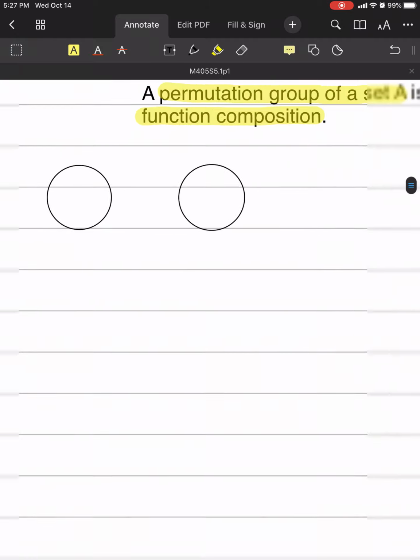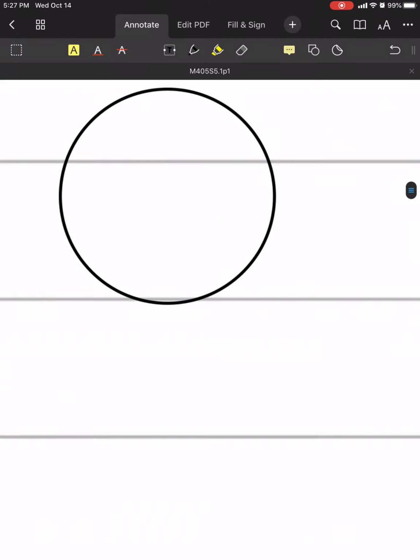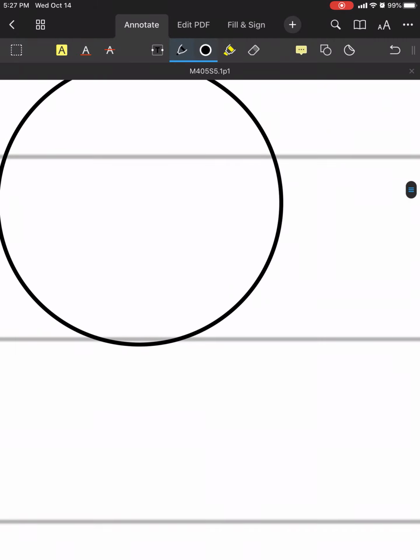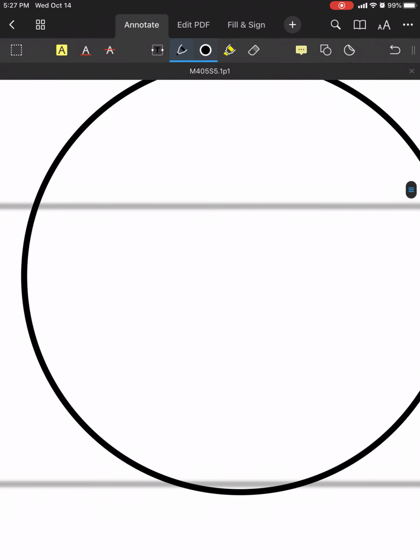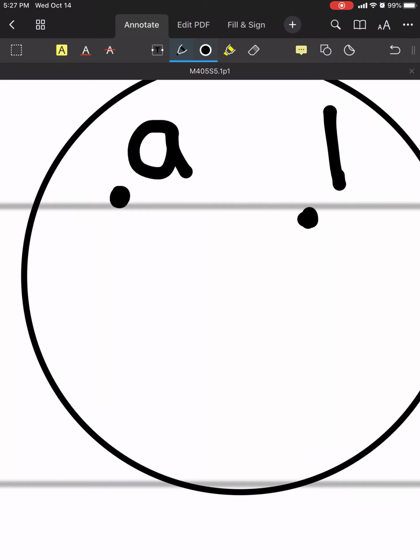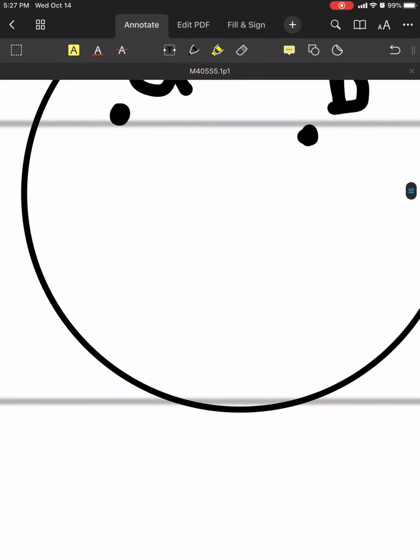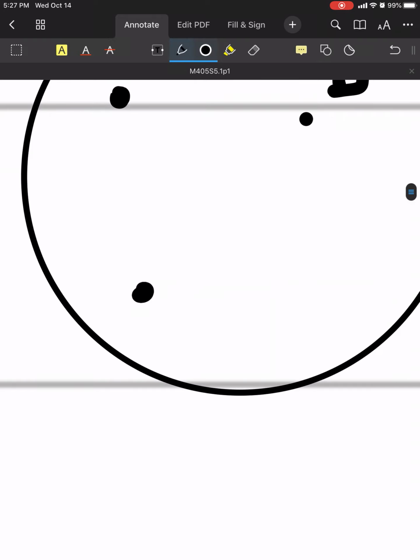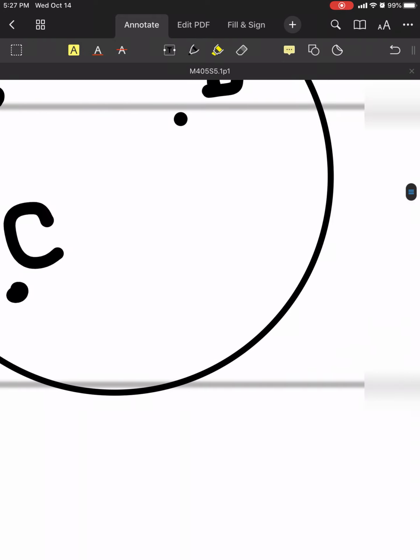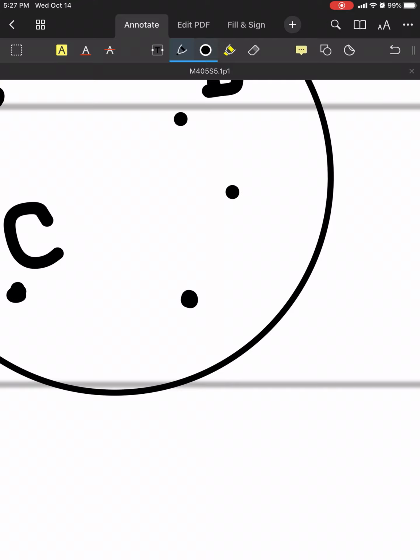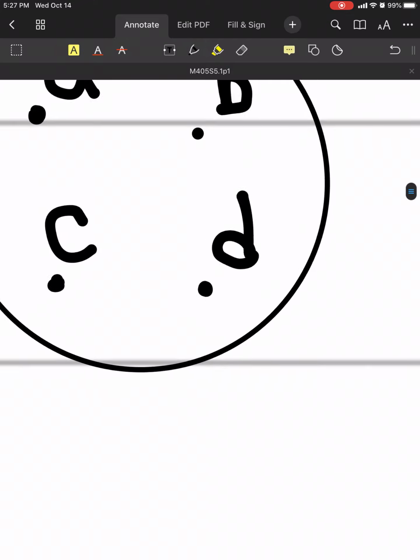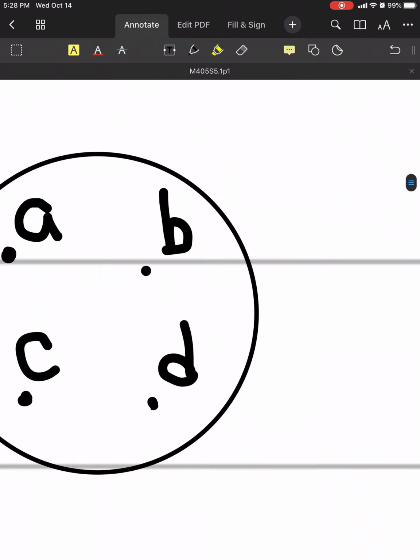All right. So let's say we have 4 elements in this first set. So let's call them A, B, C, and D. And so this is our set A, right?